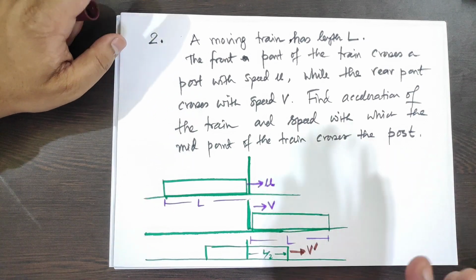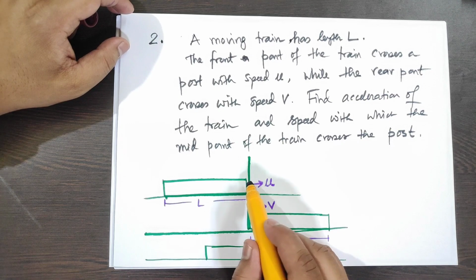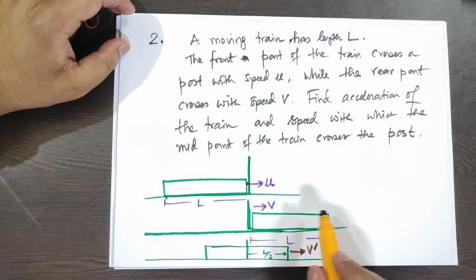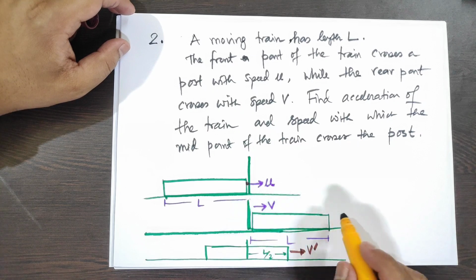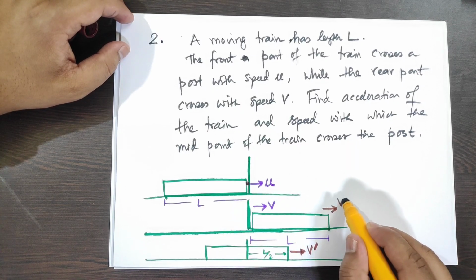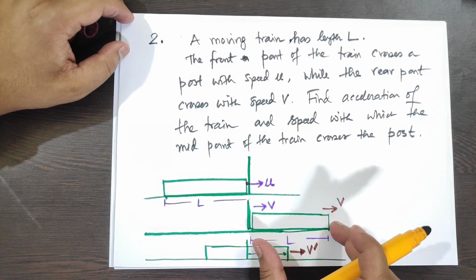Now here this point of the train has velocity u. As the rear end crosses with v, and all points of the train have the same speed, so this has speed v.